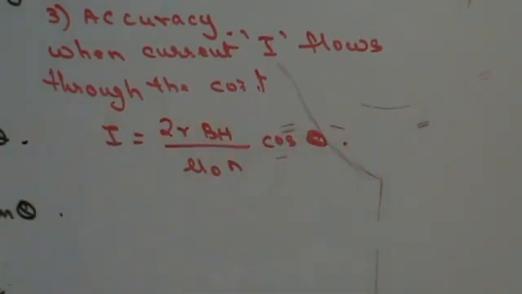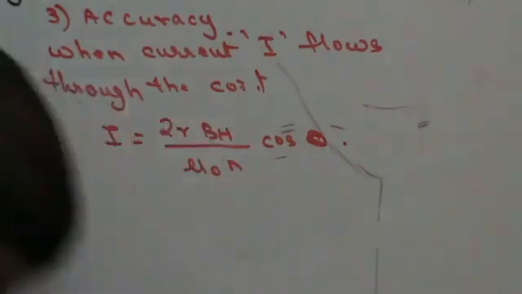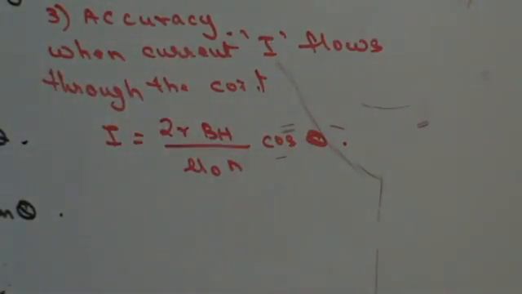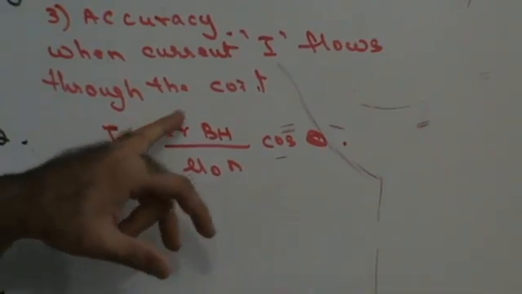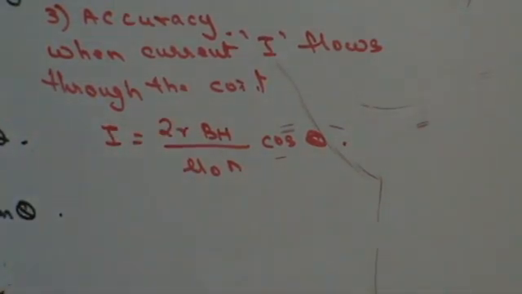We've just derived this, right? Now, the accuracy of a tangent galvanometer depends upon the accuracy in the measurement of current, which in turn depends upon the accuracy of R and theta, right?